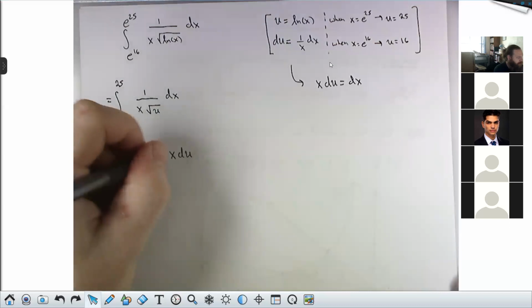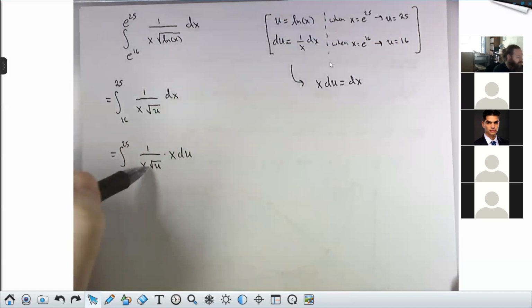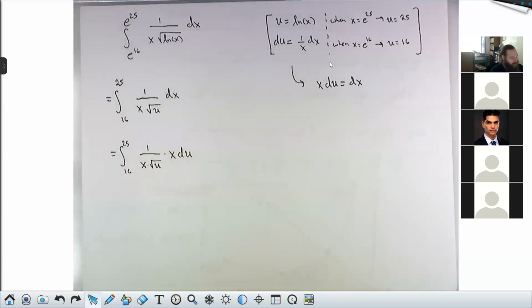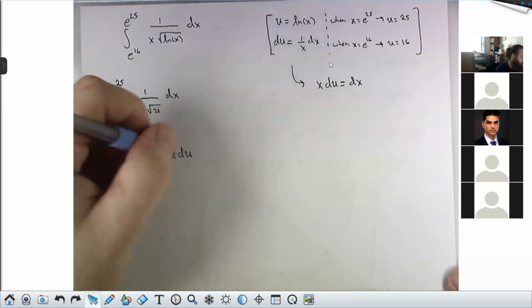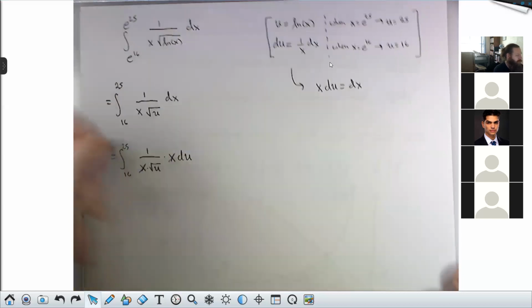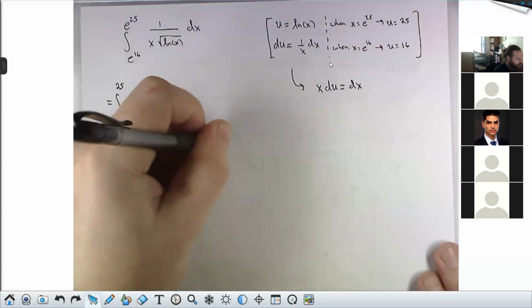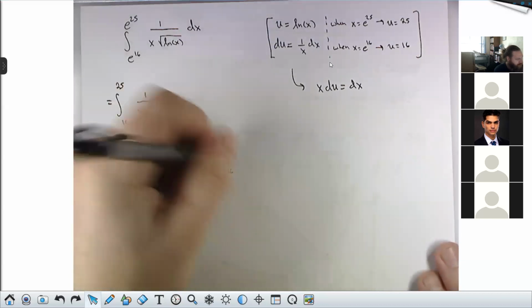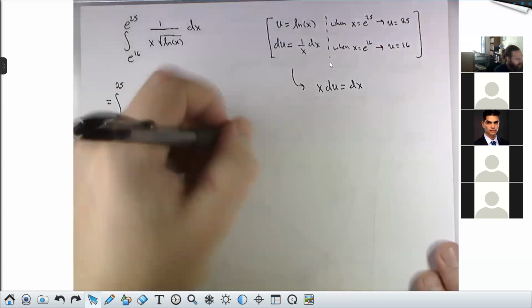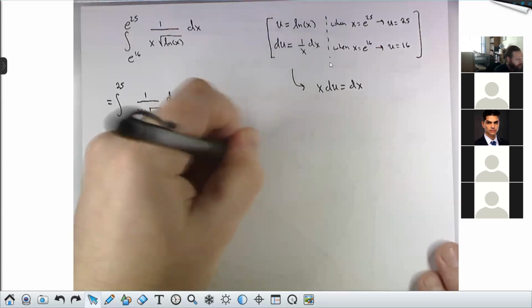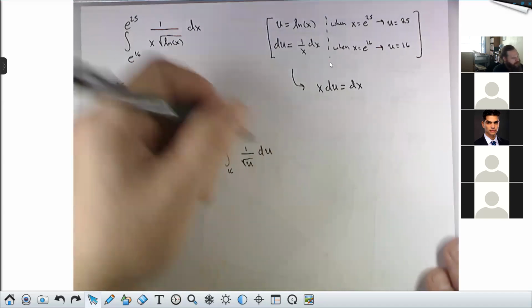And since x is a factor of the bottom and x is a factor of the top, the x's will cancel. I'm just left with the integral from 16 to 25 of 1 over the square root of u du.